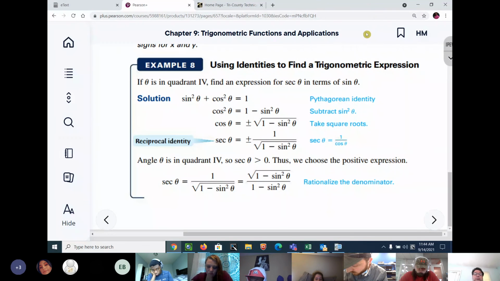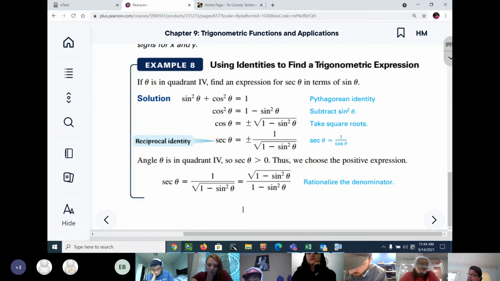I either want you to solve for the sine or the cosine. So if I said sine squared theta plus cosine squared theta is equal to 1. So sine squared theta is equal to 1 minus cosine squared theta, and take the square root of both sides.